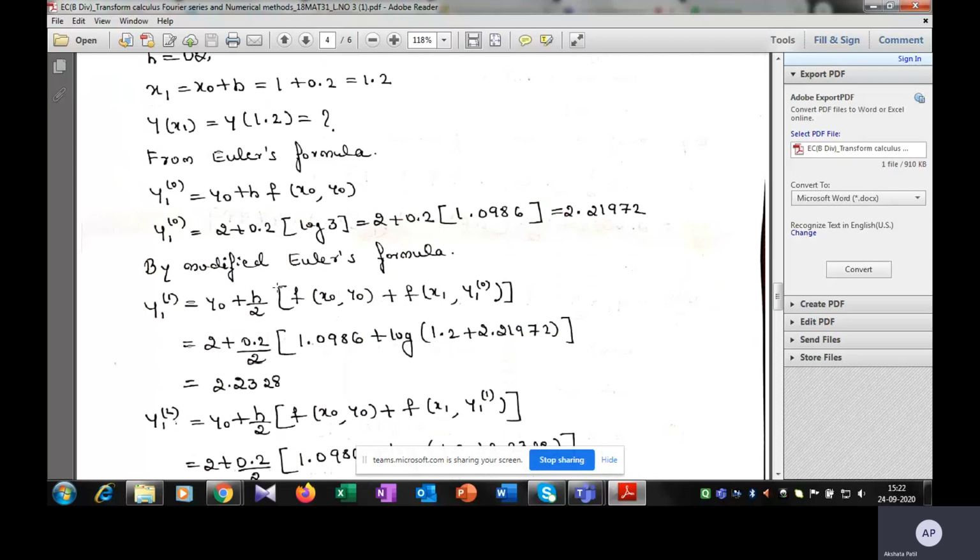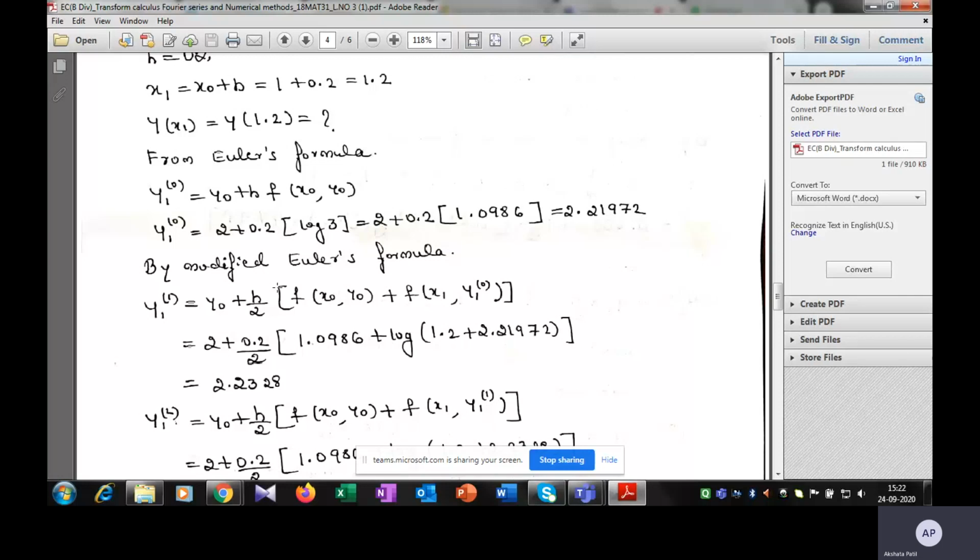So put the value of y naught here, that is 2, h is 0.2 divided by 2 into f of x naught comma y naught. We already calculated above. So put it here, 1.0986 plus f of x1 comma y1 of initial approximation.